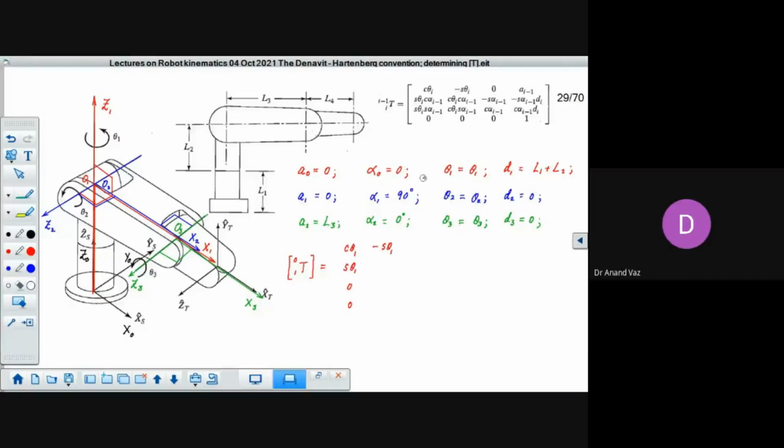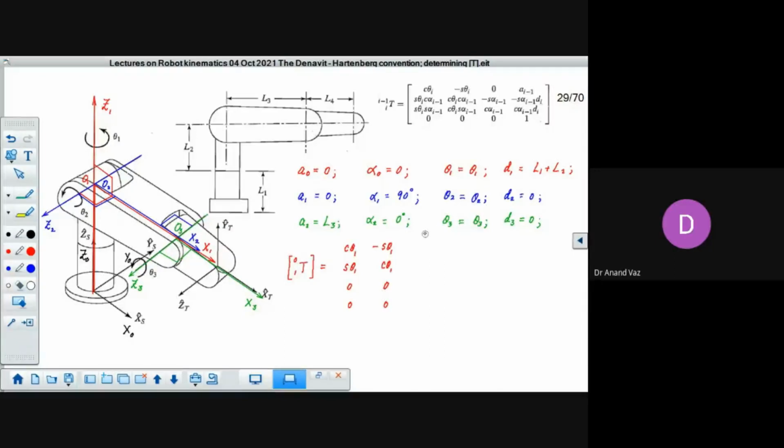So cos theta 1 is cos theta 1 and cos alpha naught is cos of 0. So you have cos theta 1. Then next is cos theta 1 into sine of 0. So here also you will have 0. And here you have 0.